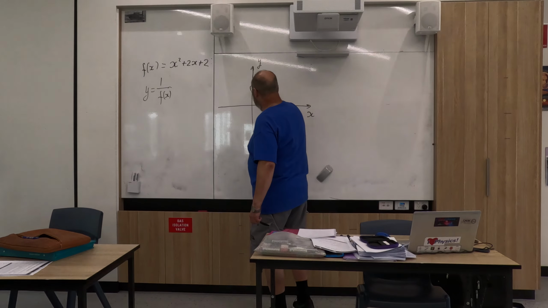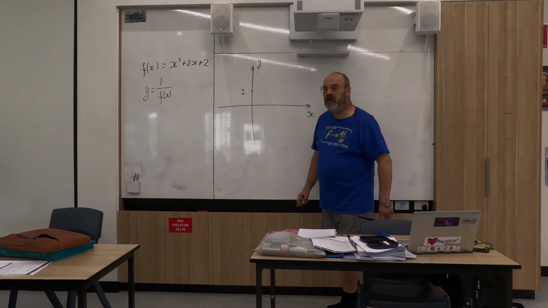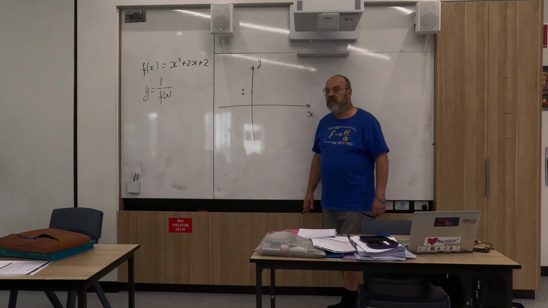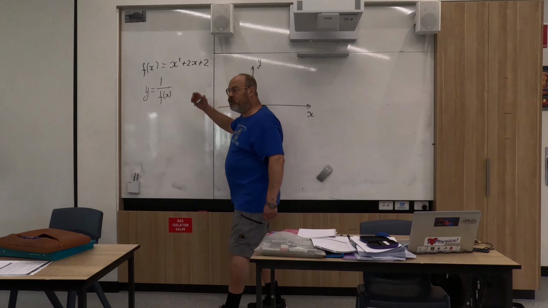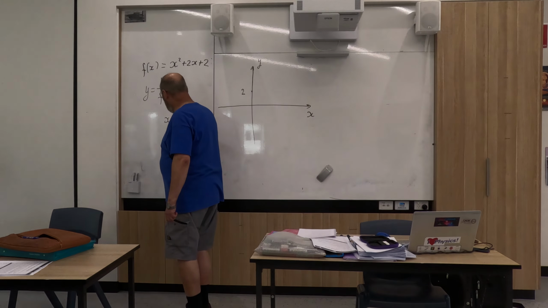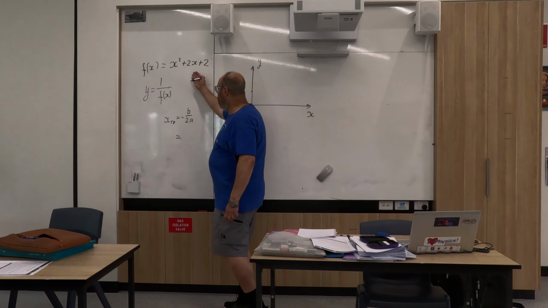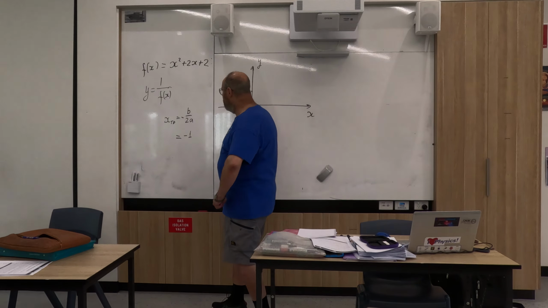The y-intercept is 2. What do we need to find to sketch this parabola? The turning point. What do we do to find the turning point? Completing the square, or we find the x-coordinate of the turning point equals negative b over 2a, so negative 2 over 2 equals negative 1.